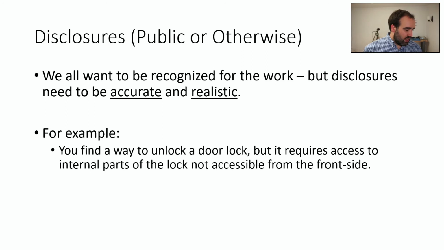A common example is IoT door locks. You might have a bug that says, if you remove the back of the lock, there are some test pads, you access the test pads, and you can unlock the door. That sounds really scary, but if someone can access the back of the lock, is that actually a security concern? Probably not.